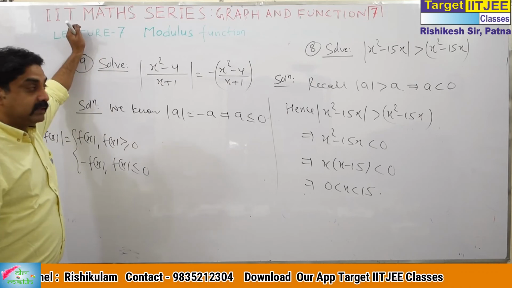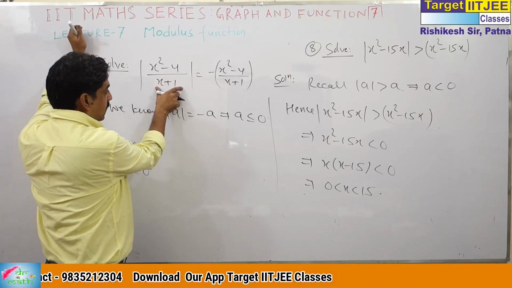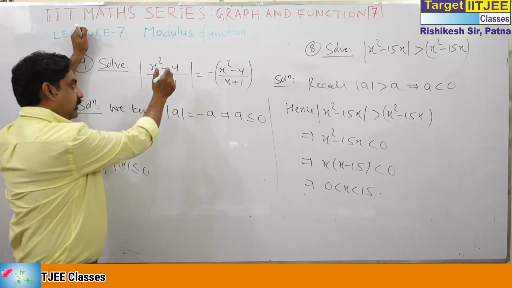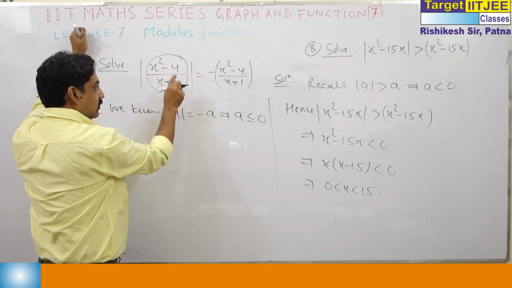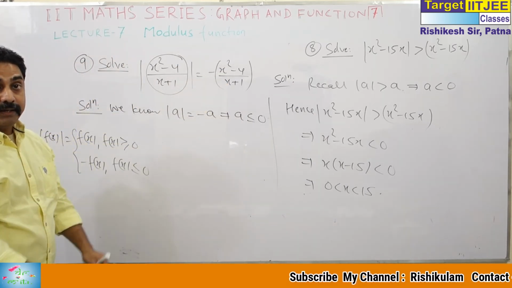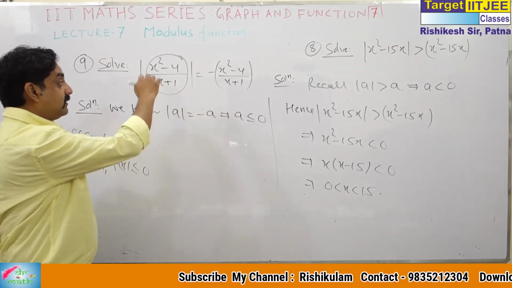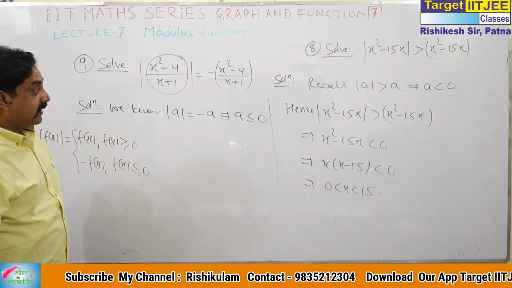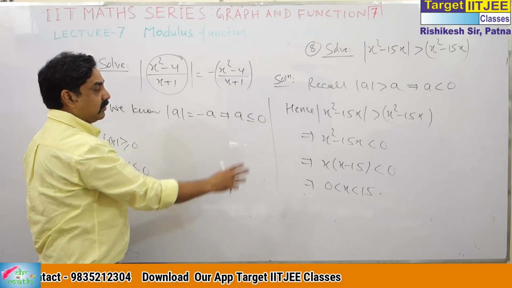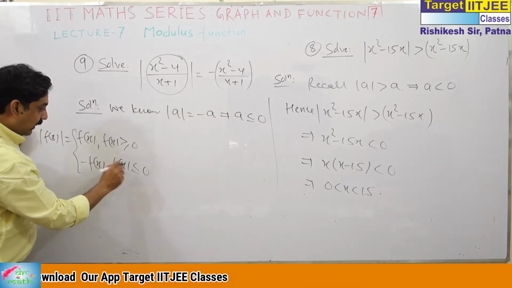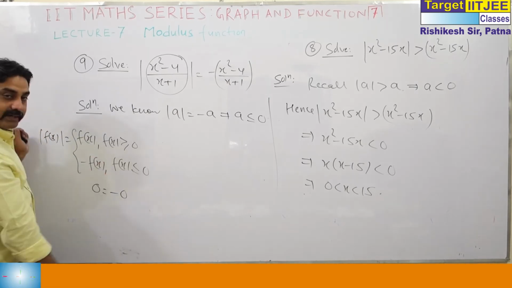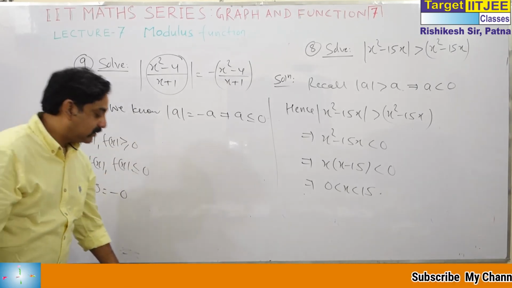You can also see it this way: the modulus of a quantity is equal to the negative of that quantity only when it is negative, or maybe 0, because 0 and −0 are the same quantity.